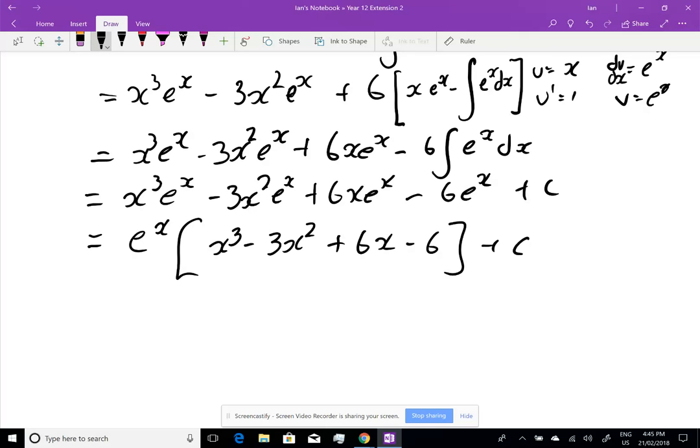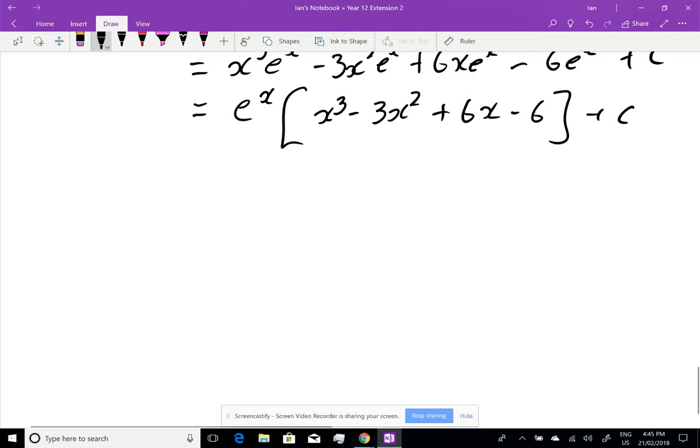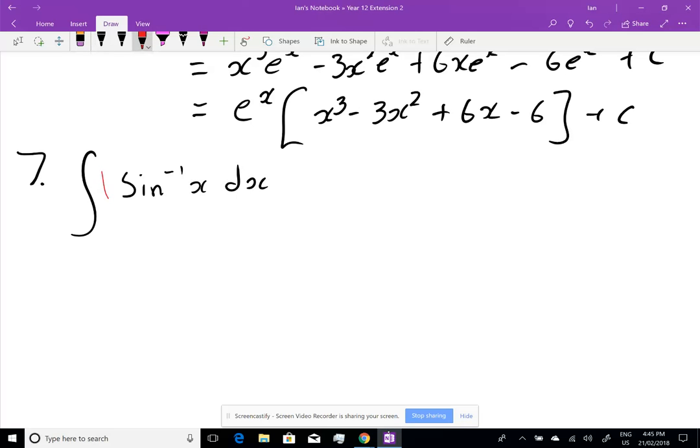The next one, number 7, and the last one. Let's integrate, giving away my secret there. Let's integrate inverse sine of x. Well, we're going to pretend there's a 1 in there.